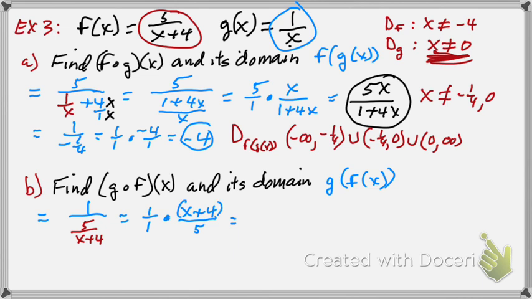So I'm multiplying these two things. So I've got x plus 4 over 5. I'll write it in black. Stay consistent here. There's our composite.